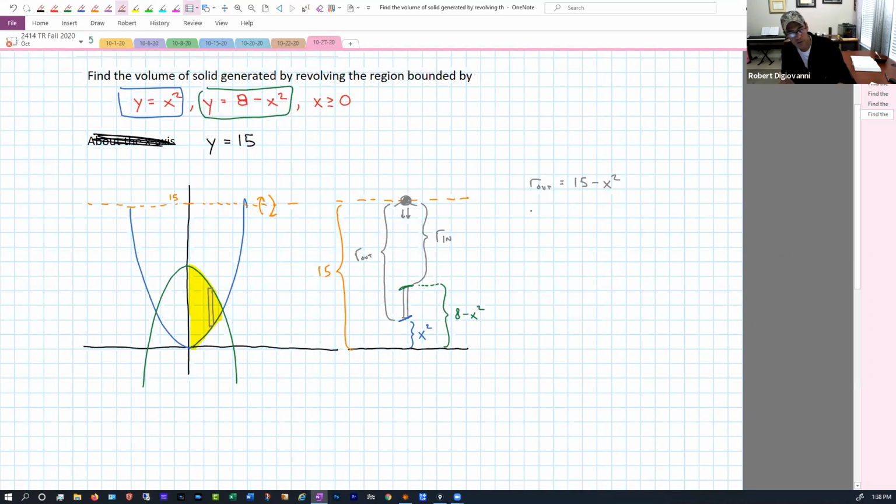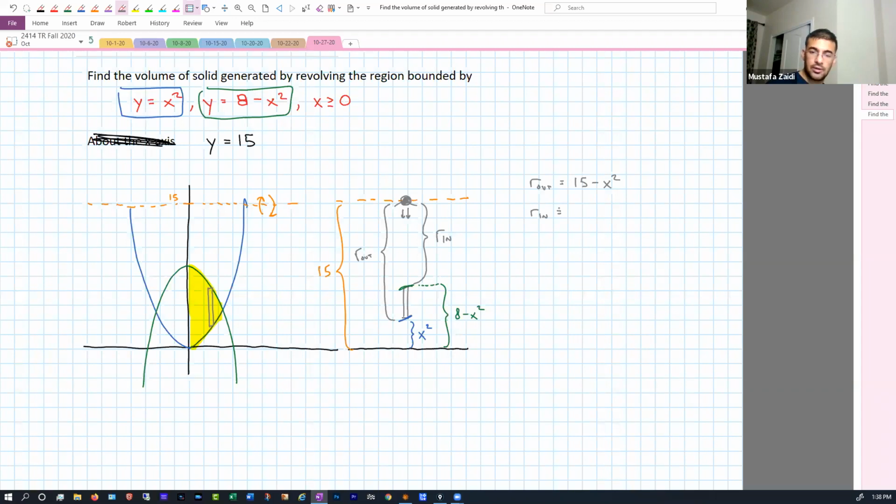With that similar sort of logic, what would R in be? 7 minus 8 minus x squared. Where are you getting 7 from? We know that the inner edge is going up to 8, and then there's 15. So 15 minus 8 is 7. Yeah, but this is not always 8.